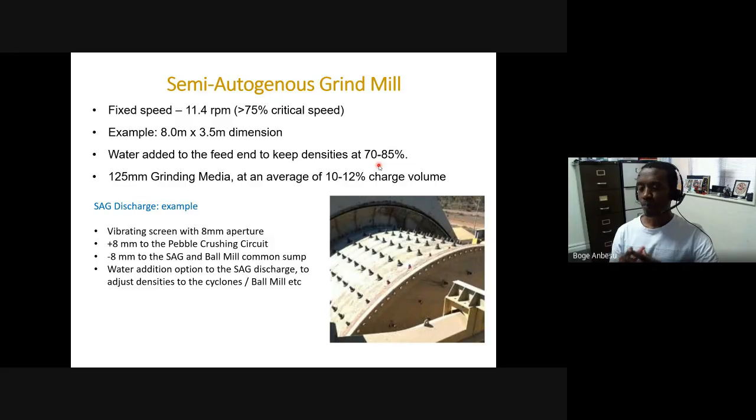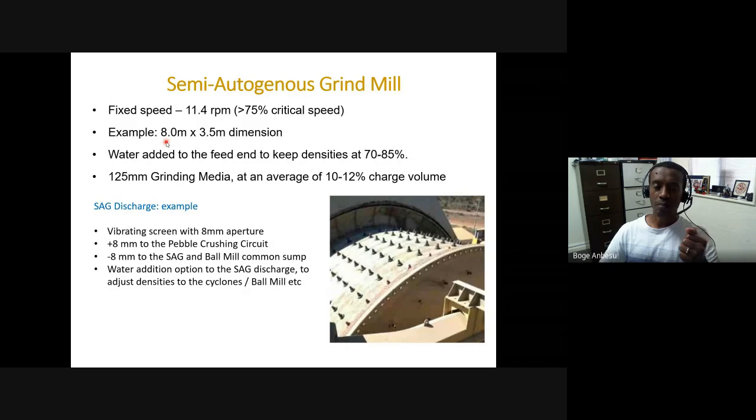So one of the main differences between a SAG mill and a ball mill, because they're both tumbling mills, they use ball as a media, is that SAG mills are very large in diameter compared to their lengths. So in this case, for example, this is the length and 8 meters is the diameter.